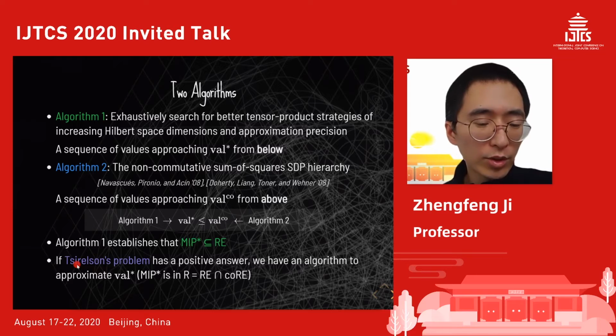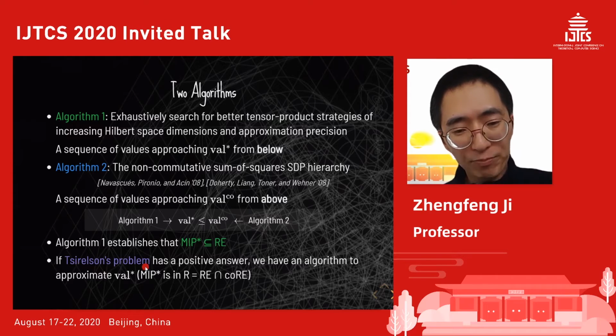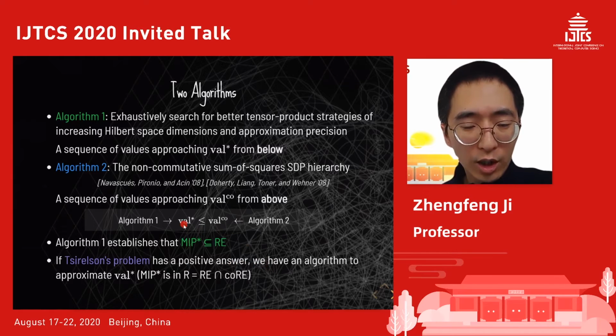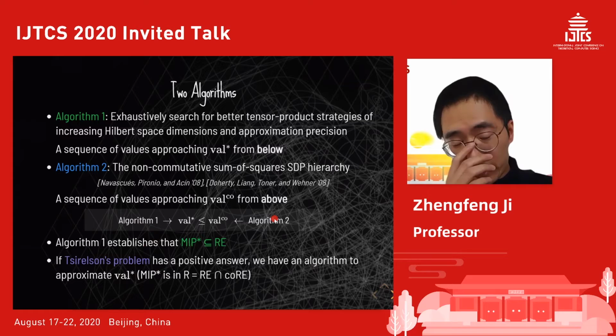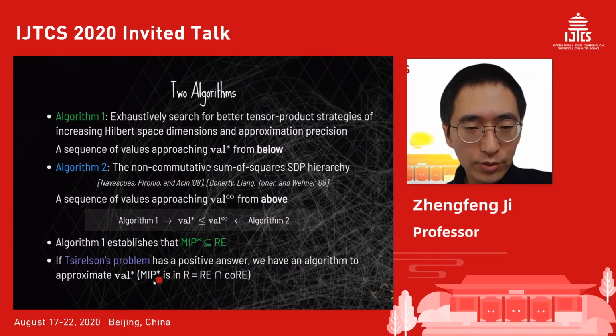But more importantly, if Tsirelson's problem has a positive answer, then we know that these two values are the same, and we have two algorithms, so you can come up with an algorithm to approximate the entangled value by alternating algorithm 1 and algorithm 2. In complexity theory terms, MIP star would be in the set R, which is the intersection of RE and co-RE.